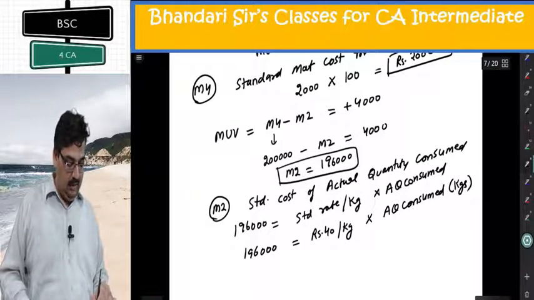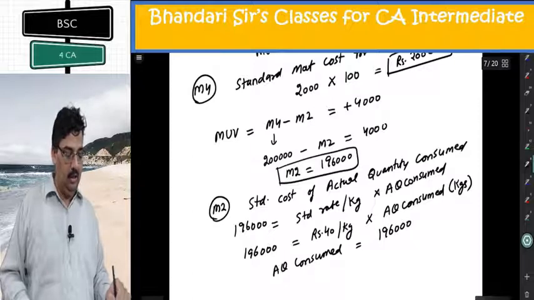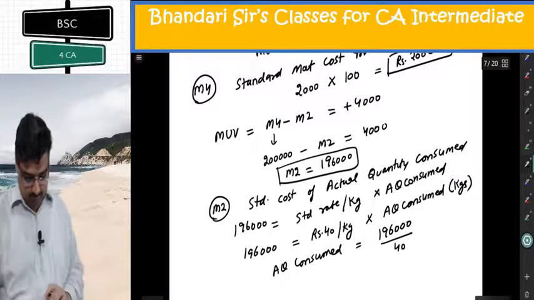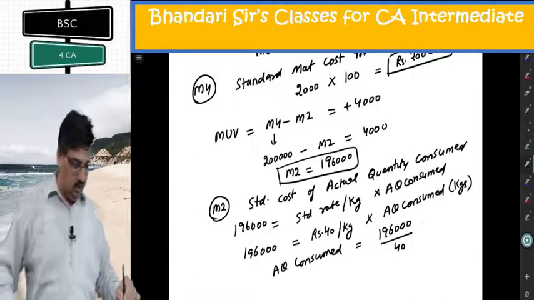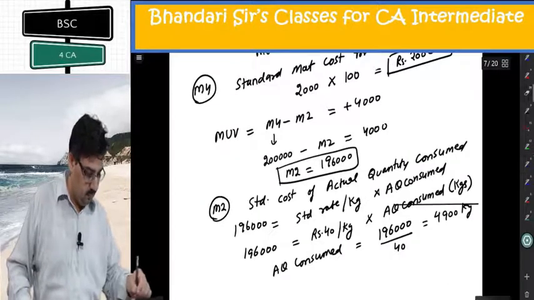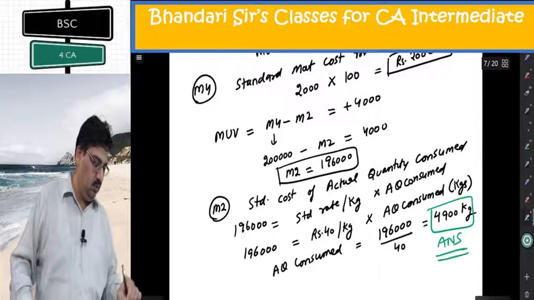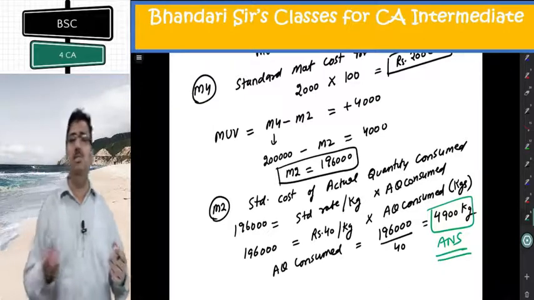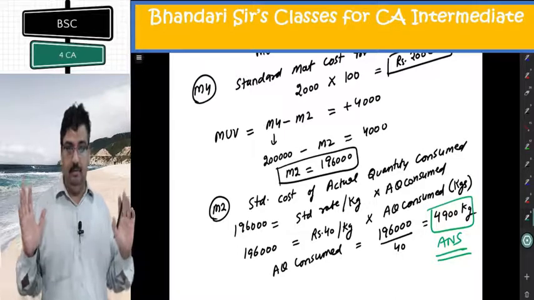So I can say actual quantity consumed is 1,96,000 divided by 40. This is 4900 kg. This is my answer. So this is complete question for maybe 3 marks, 4 marks. Easy small question. This was question C13.